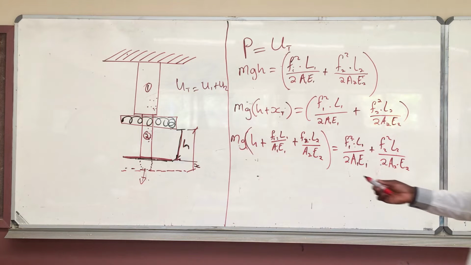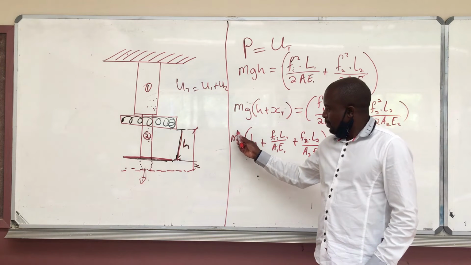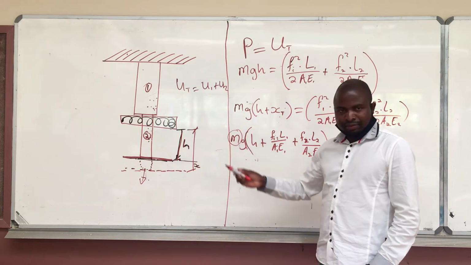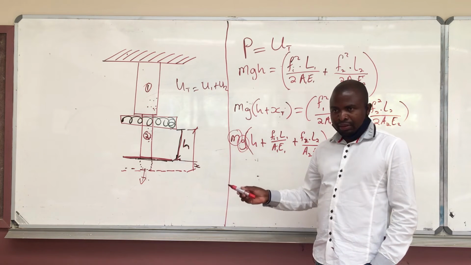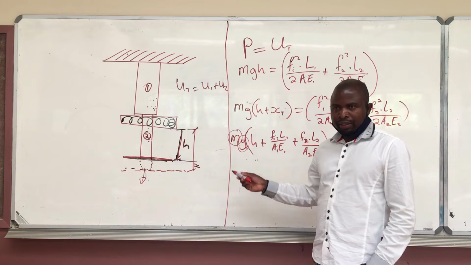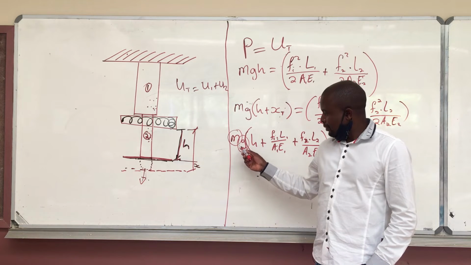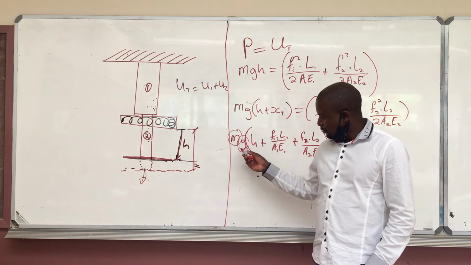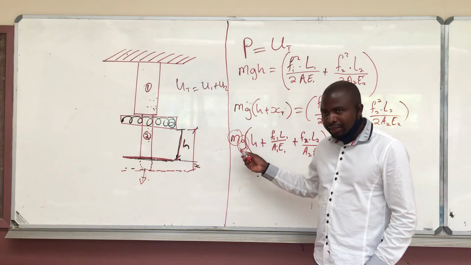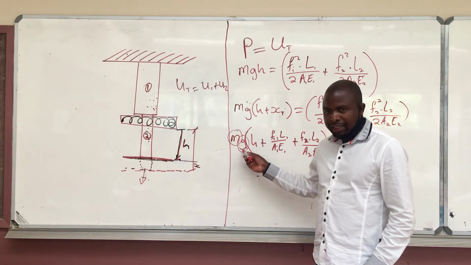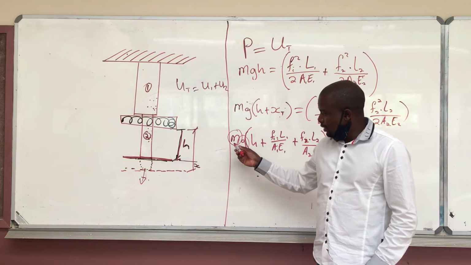So this one, what is this? And this one? Gravity. What is the unit for gravity? Meters per second squared. And the unit for this one?